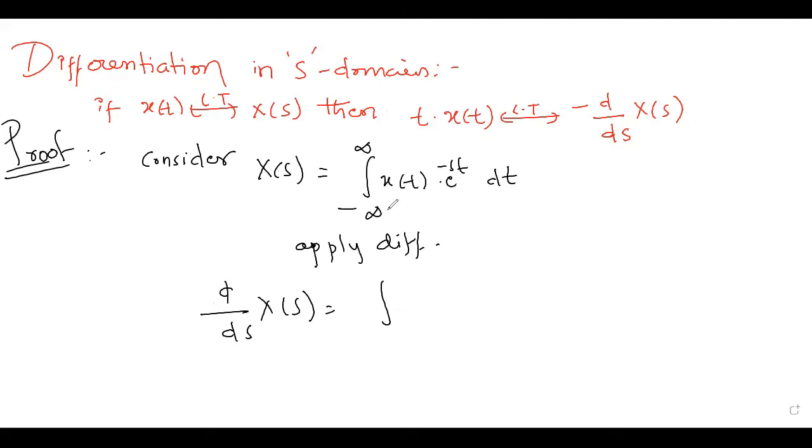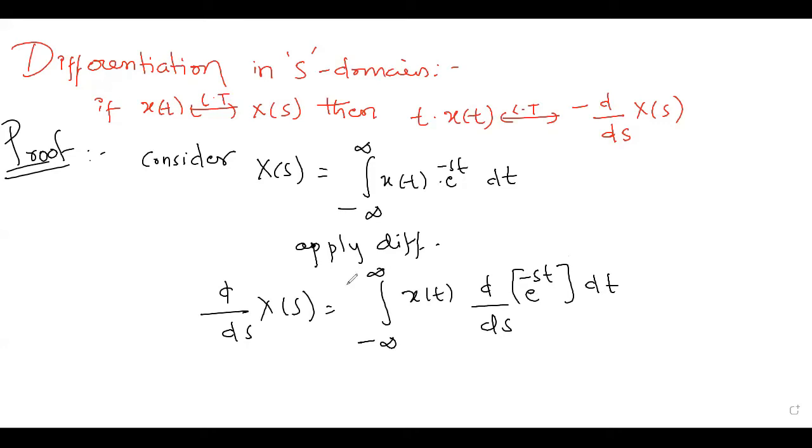So differentiation of this total expression means that the differentiation is applicable only for this function, d by ds of e power minus st. It is valid only for e power minus st. Now solve this.